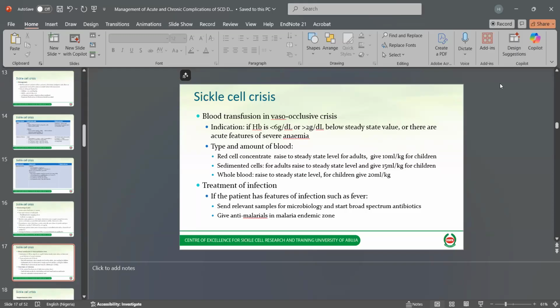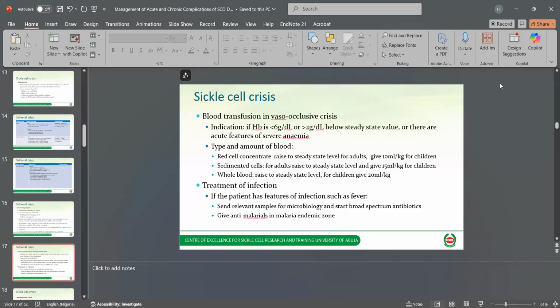The type and amount of blood: red cell concentrate to raise to steady state level for adults, give 10 mils per kg for children, or you give sedimented red cells for adults to raise it to the steady state of the patient by giving 15 mils per kg.